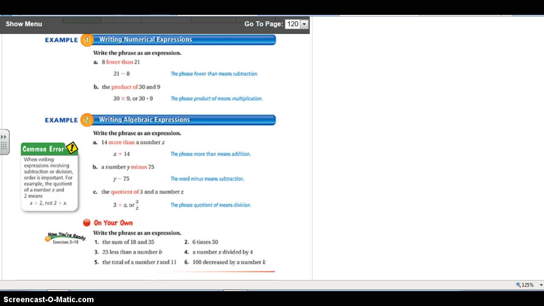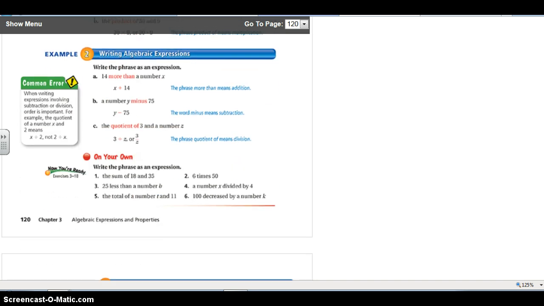If we move on to example 2, it asks you to write the phrase as an expression. Note the common error. When writing expressions involving subtraction or division, order is important.